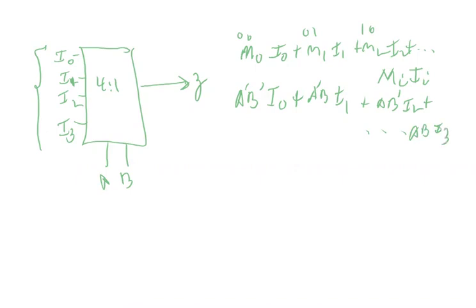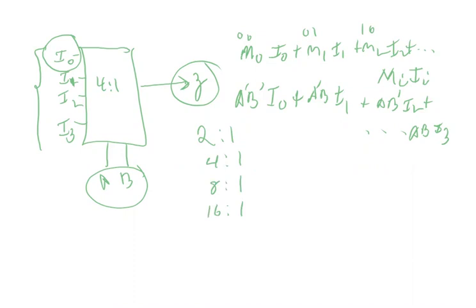Right? And now we can generalize this such that what we're really doing is using the selectors to decide how to route the input to a given output. And that's a multiplexer. And you can build these for integral powers of 2: 2-to-1, 4-to-1, 8-to-1, 16-to-1.